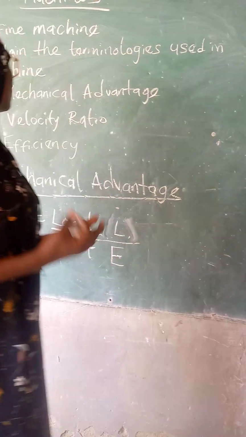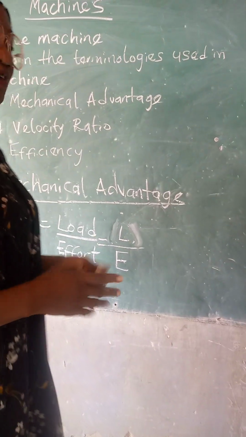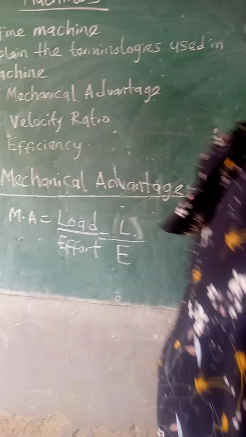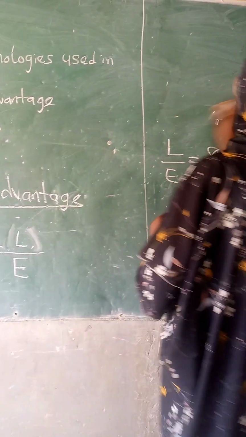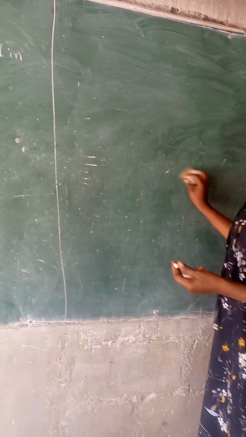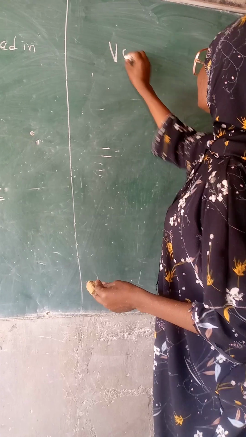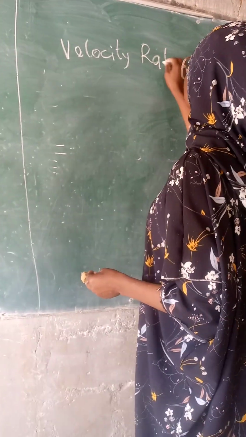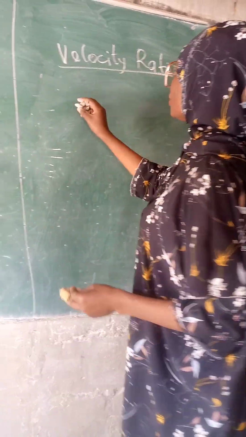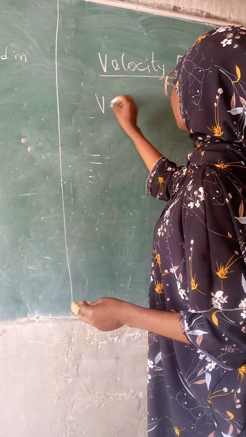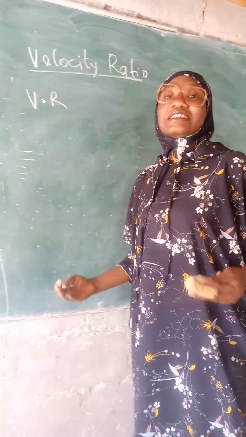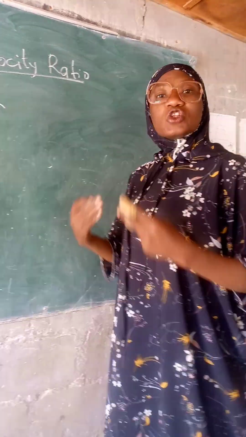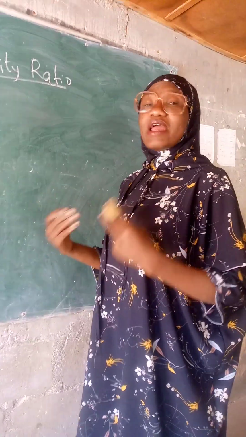So now let's talk about the velocity ratio. What is velocity ratio? Velocity ratio is denoted with VR and is defined as the ratio of the distance moved by effort to the distance moved by load.